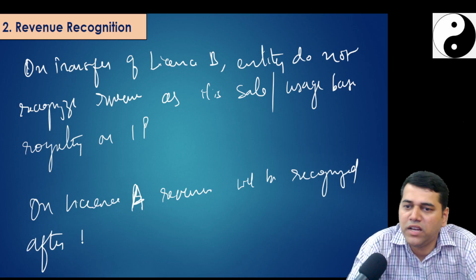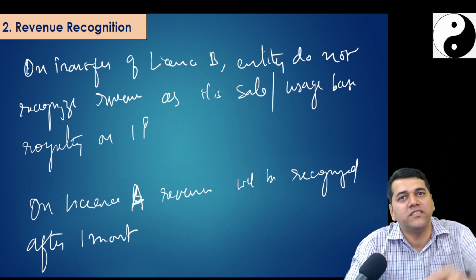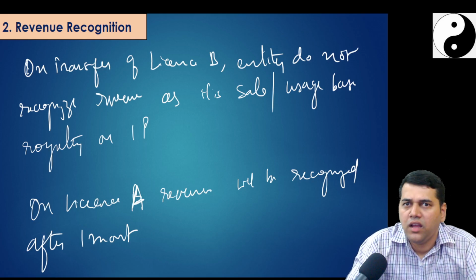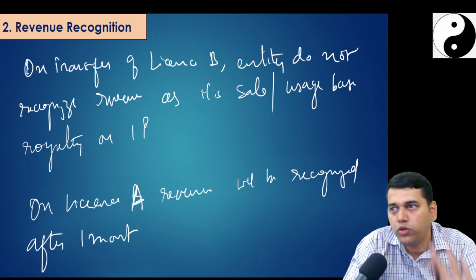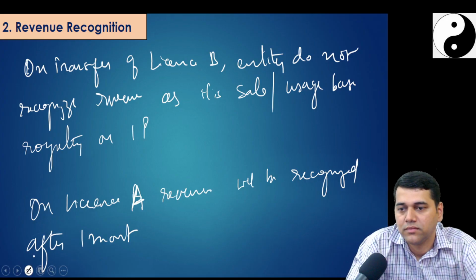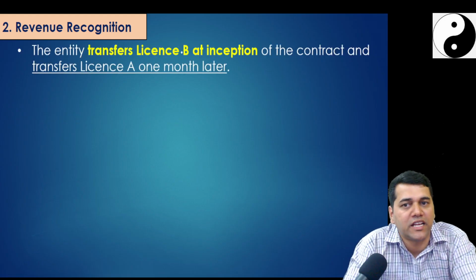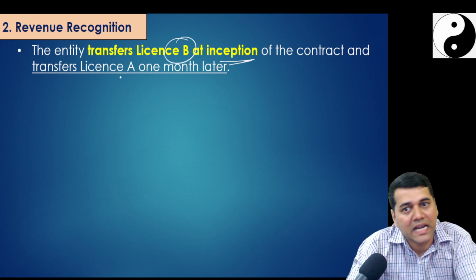After 1 month, because only fixed consideration is allocated to A and that exception is not applicable to A. In the examination you write that the entity transfers B at the start and A after 1 month.